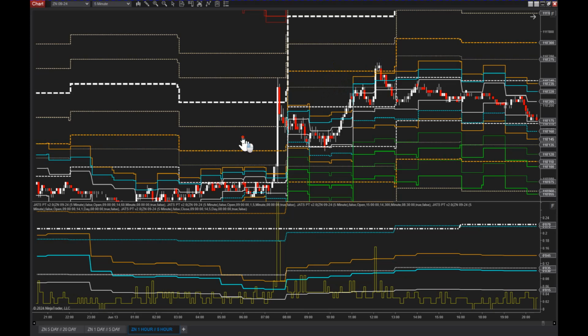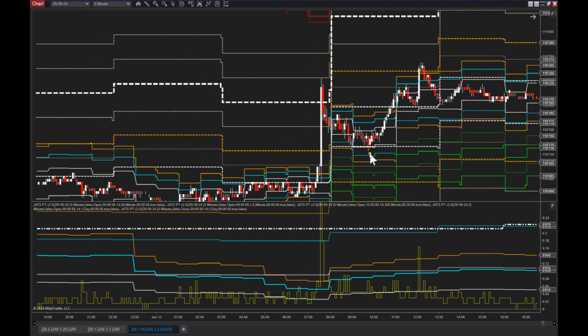And for low dip, see it bought the 300 and 60-minute one here at 9 a.m. So this 60-minute lower one and the lower 300-minute one. And that was a reversal.